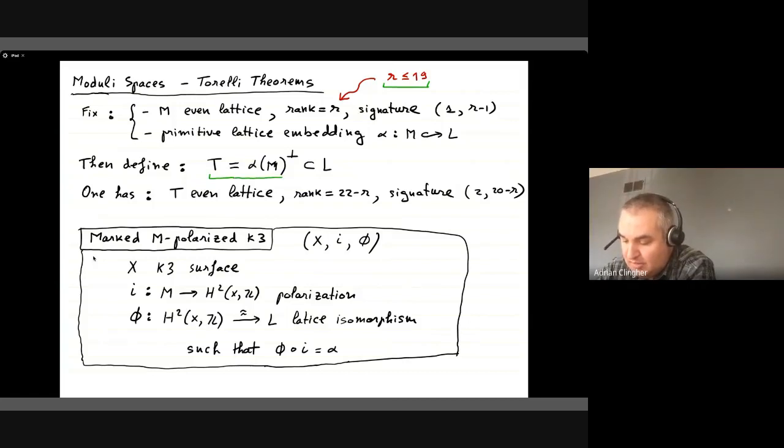Let's say I denote that by T, and this will have to be an even lattice, which is going to have rank 22 minus r, and the signature is going to be (2, 20-r).